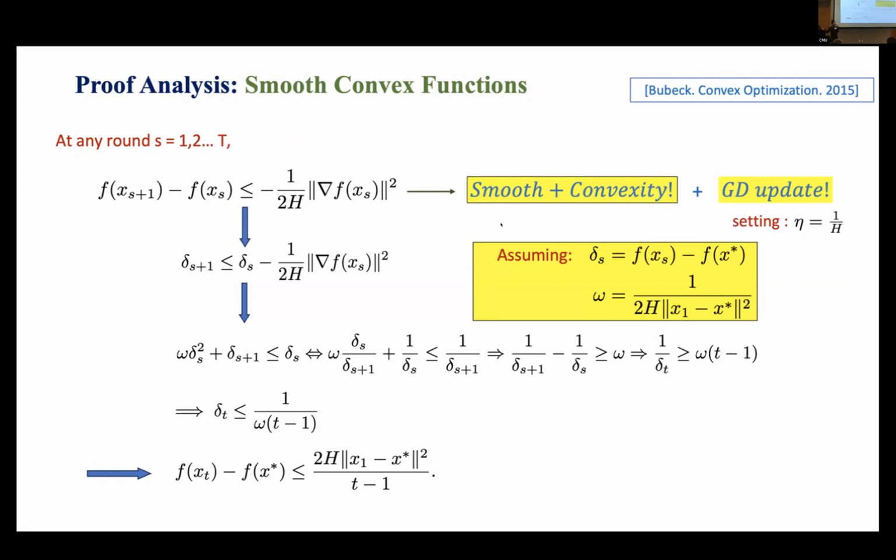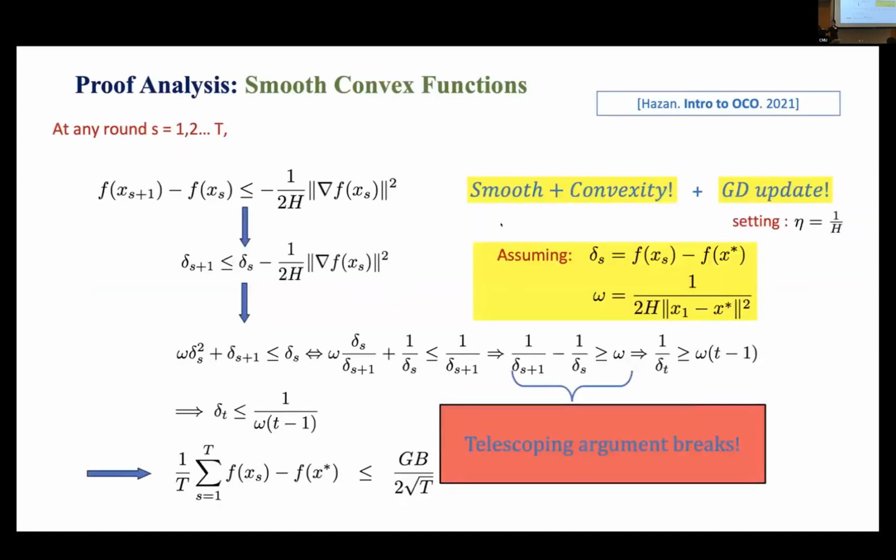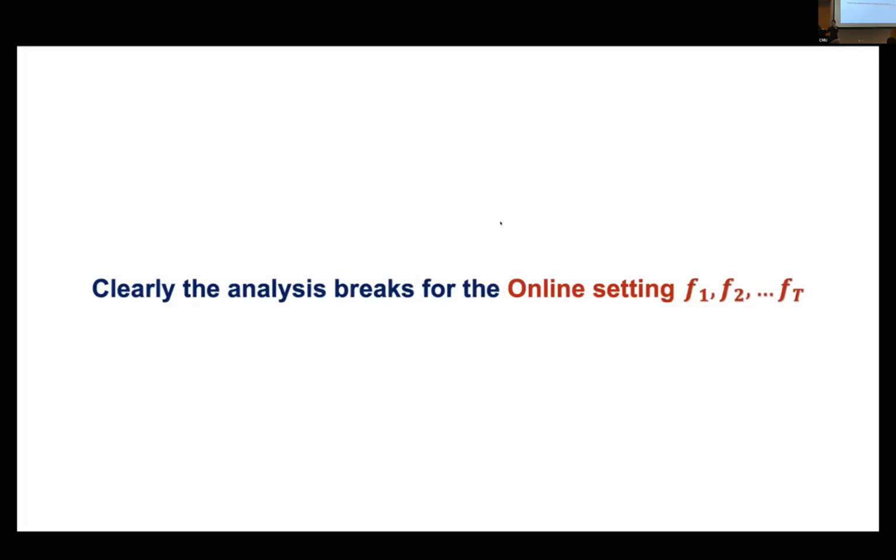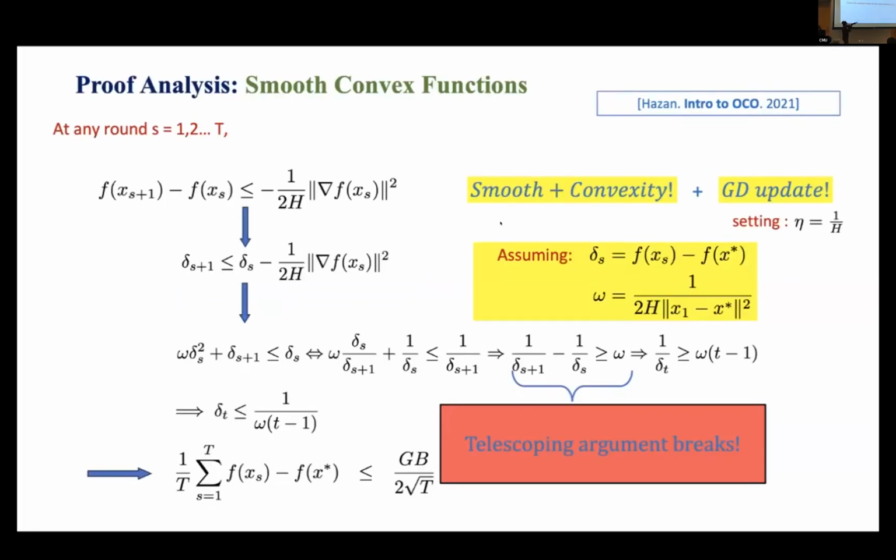Of course, you have to tune your step size slightly differently. But if the function is online, it's changing over time, you can't do this telescoping thing here. It breaks. If the functions are changing over time, you can't do better than 1 by square root t.